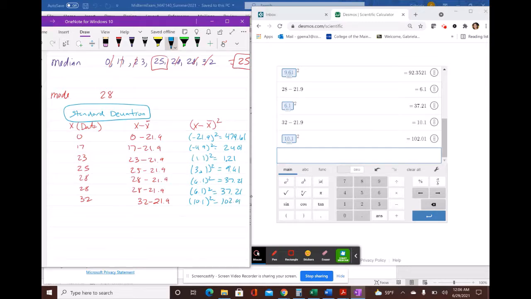So what I have to do next is add all these. We need to find the total.